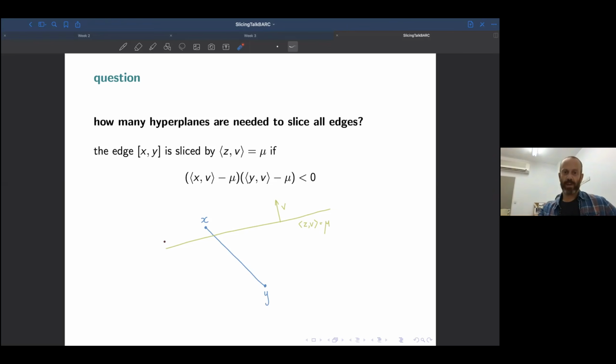And this hyperplane, which is here, the green line, slices an edge, which is a straight line segment of length 2, if the two endpoints of the edge lie on two different sides of the hyperplane, like in the picture, or this is a way to algebraically define it.